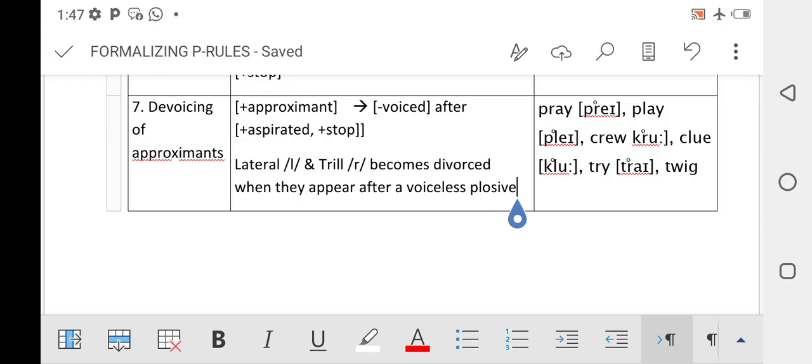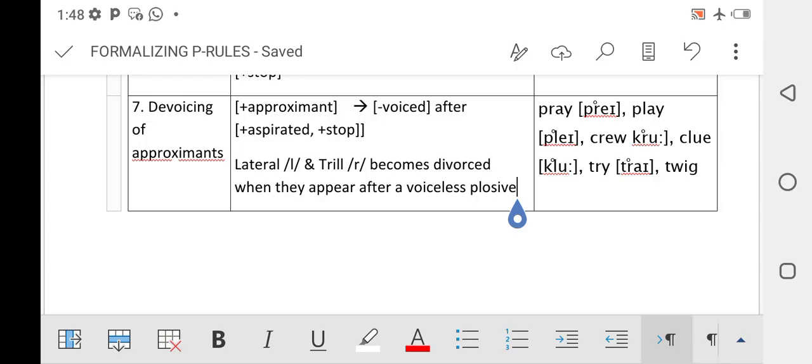So that is why they call it the voicing of approximants. But we also know that l is a lateral and r is a trill or roll. So we can call it the voicing of approximants, laterals, and trill.